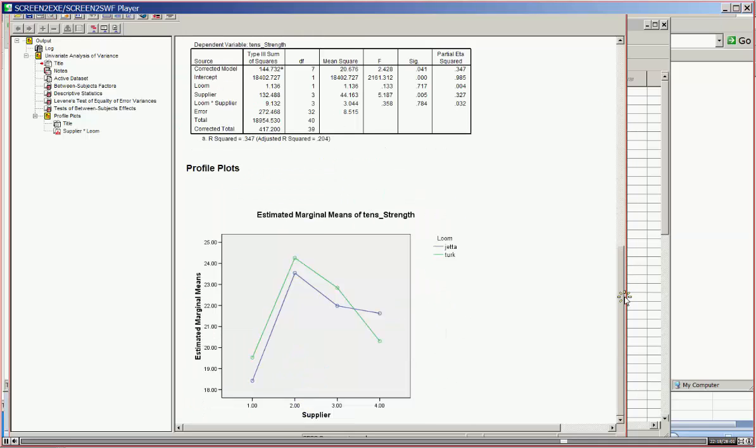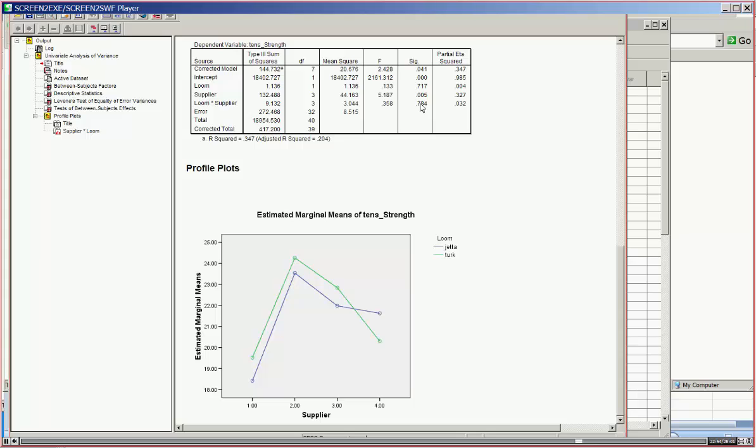Okay, let's look at our plot first. Well, there is a little bit of an interaction there, but it's not significant, as we can see here, loom by supplier. Two-way ANOVA analyzes three sets of hypotheses.